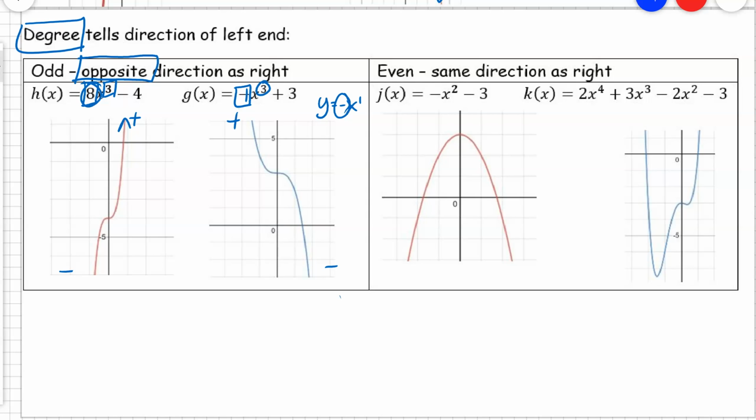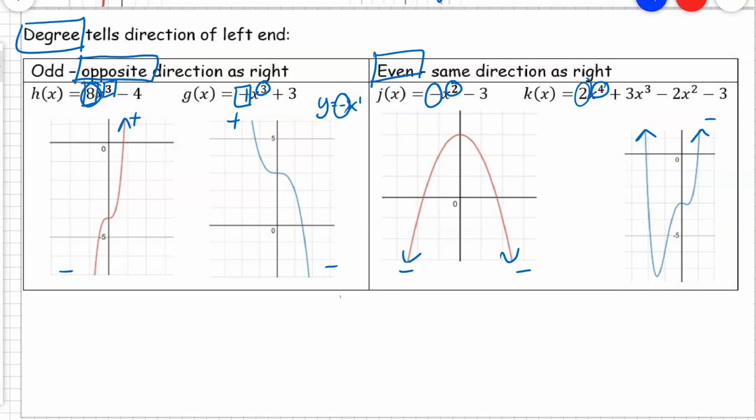Now let's take a look at when we have even. Whenever we have even, which is a quadratic or quartic graph, they are going to have the same end values as the right side. Depending upon your leading coefficient, your a value, if it's negative, your other side will be the same, which is negative also.